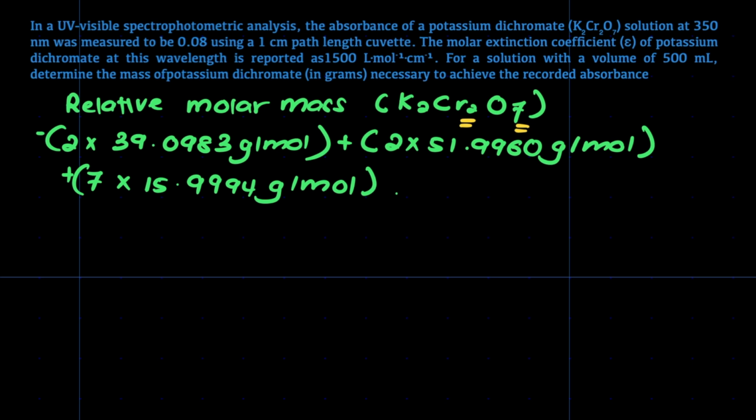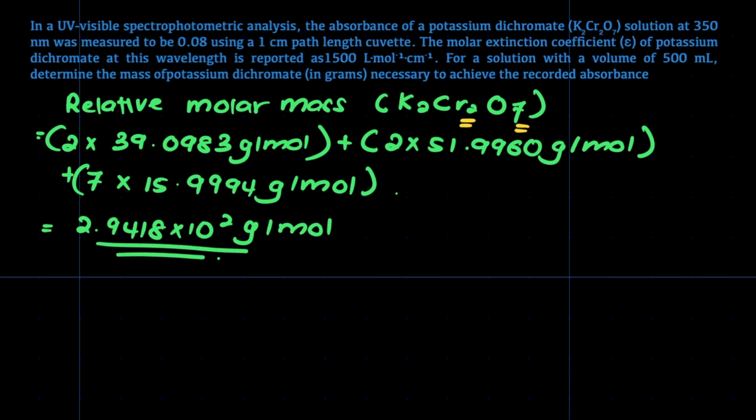Right, so when you put this in your calculator, you know that the relative molar mass is equivalent to 2.9418 times 10 to the power of 2 gram per mole. Right, this is just the relative molar mass.